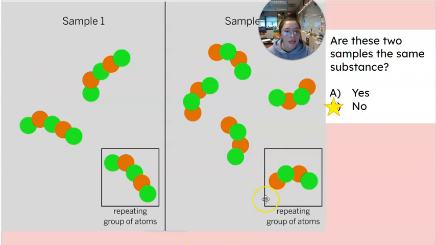But maybe this liquid sample over here would be a bigger cup because it has more molecules. They're still the same kind of sample. So on your test, if you figure out these are different, it's not because there are just more molecules, it's because there are different atoms, a different number of atoms joined together. Hopefully this helps clear up a little bit.